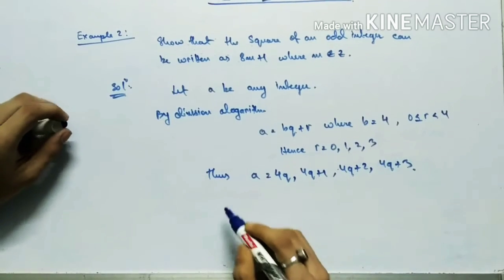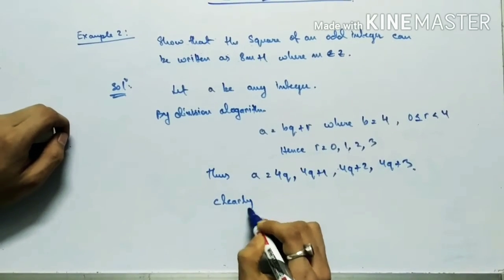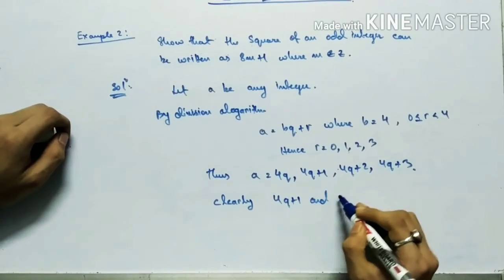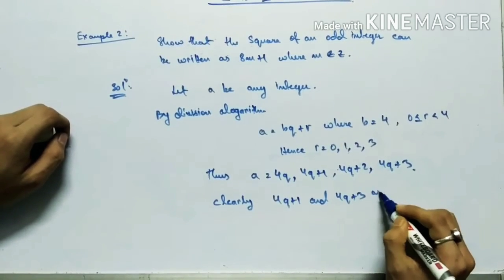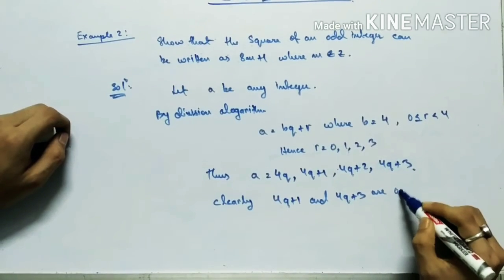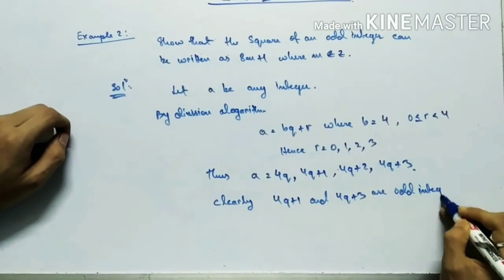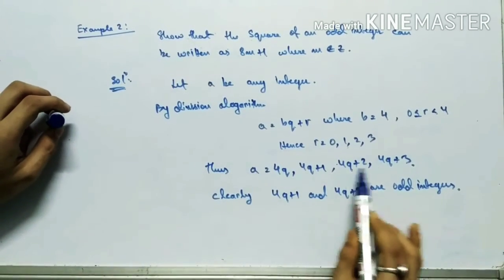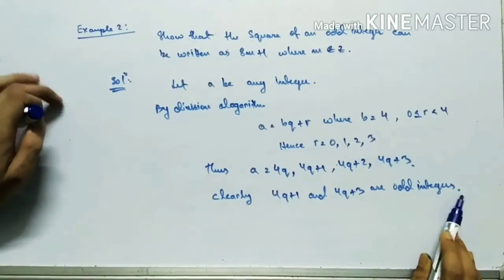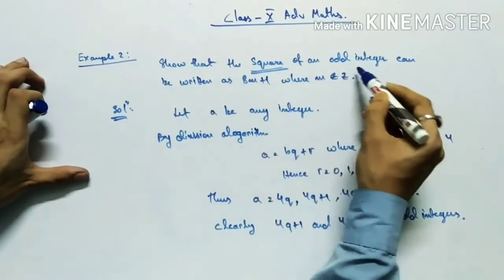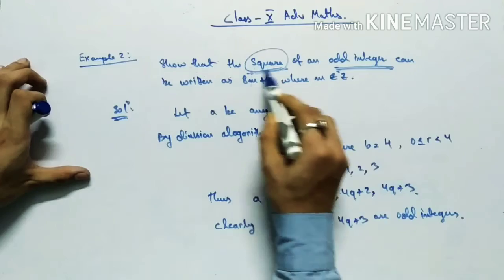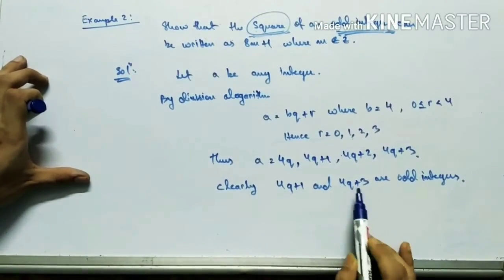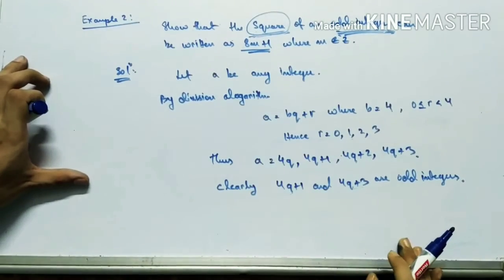Now clearly 4q plus 1 and 4q plus 3, these two integers are odd integers. From these four integers, these two are odd integers, and I have to show that the square of an odd integer, I can write it in the form of 8m plus 1.